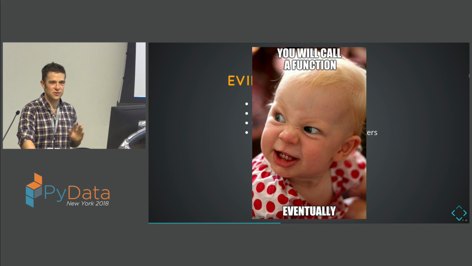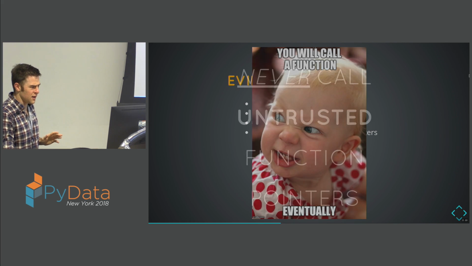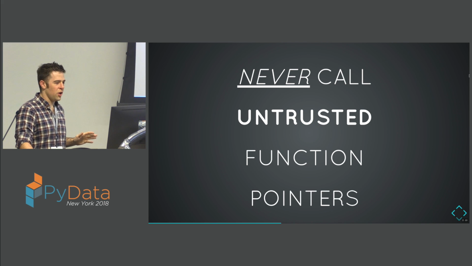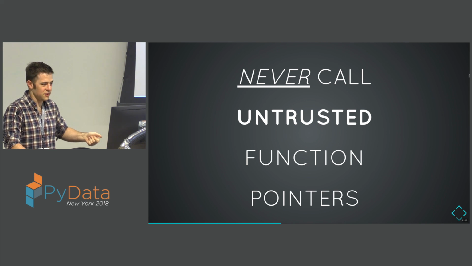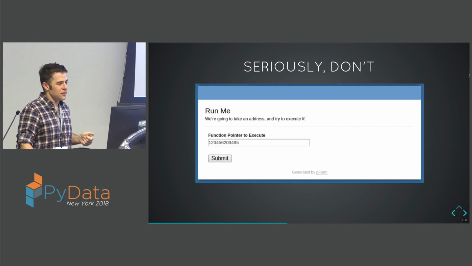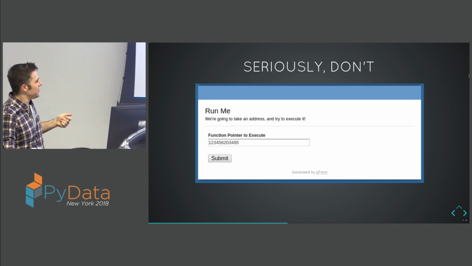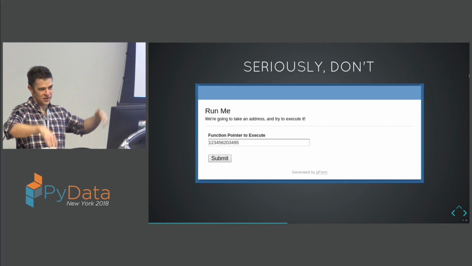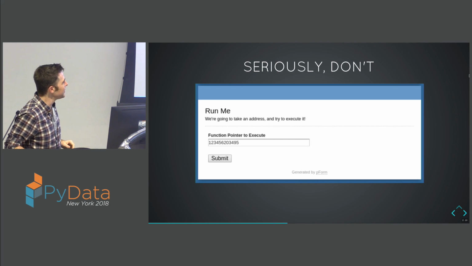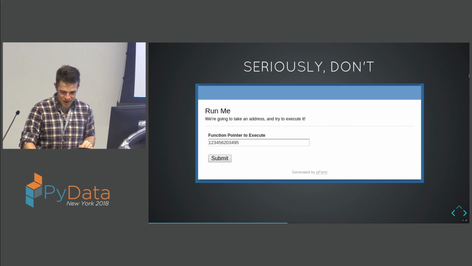They're sort of dangerous. So don't ever call a function pointer that somebody has handed you as an integer. Don't make a function that accepts an integer and just casts it to a function pointer, and you will be very sad.